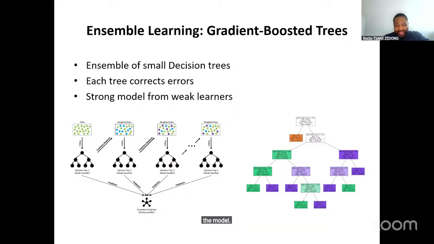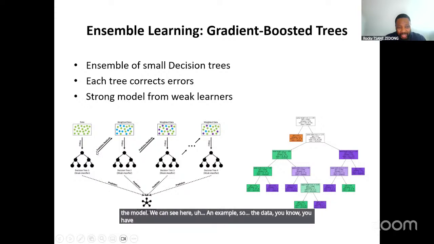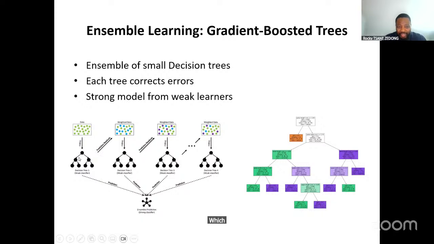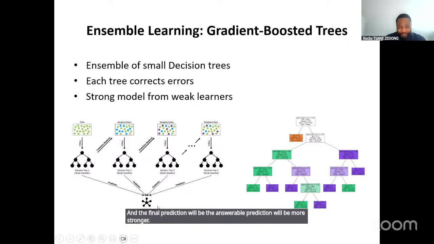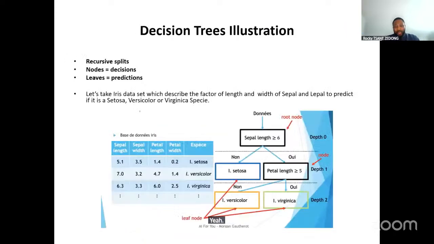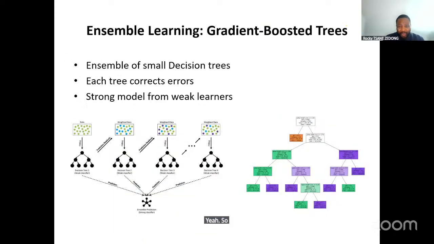We can see an example here. The first tree makes some predictions and influences the second one, which then influences another tree, and the final prediction will be much stronger.